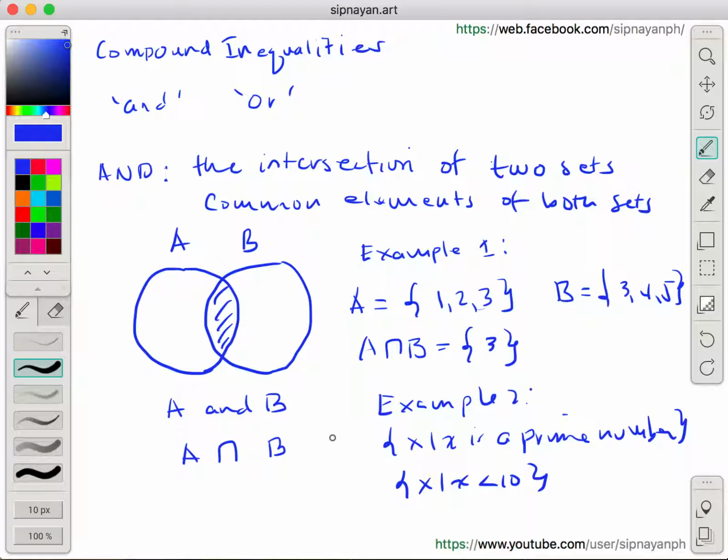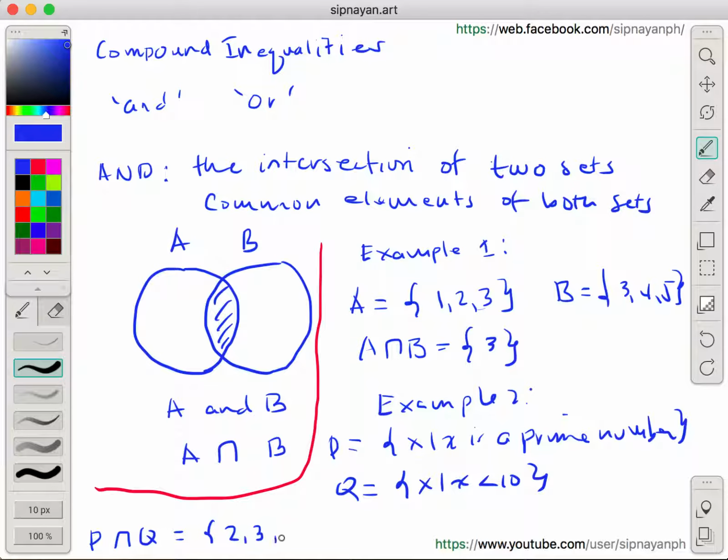So, if this is P and this is Q, then P intersection Q is actually the numbers 2, 3, 5, and 7.